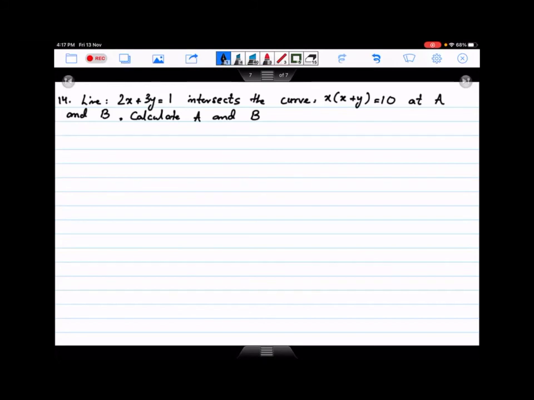So now we know that we have equation 1 with us. Now we have equation 2 with us. So finding out the intersection points or solving the simultaneous equations is basically the same process. So from equation 1, I may take out the value of y from here. So it should become y is equals to (1 minus 2x) upon 3.